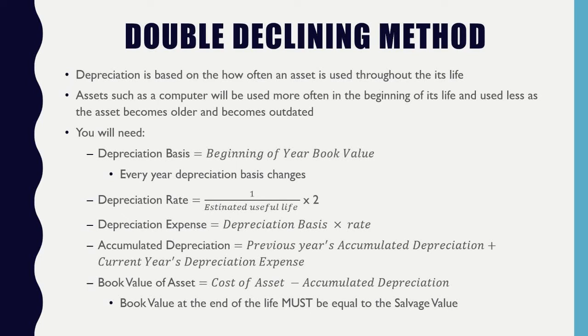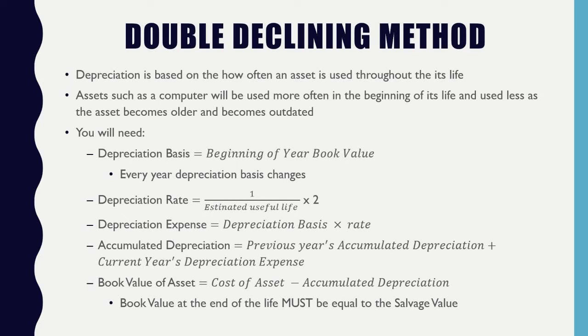Then we have to determine what the depreciation rate is. The depreciation rate is going to be 1 over its estimated useful life, times 2, because you're going to depreciate it twice as fast, because that's what double declining is. Not only depreciating it once, you're depreciating it twice.